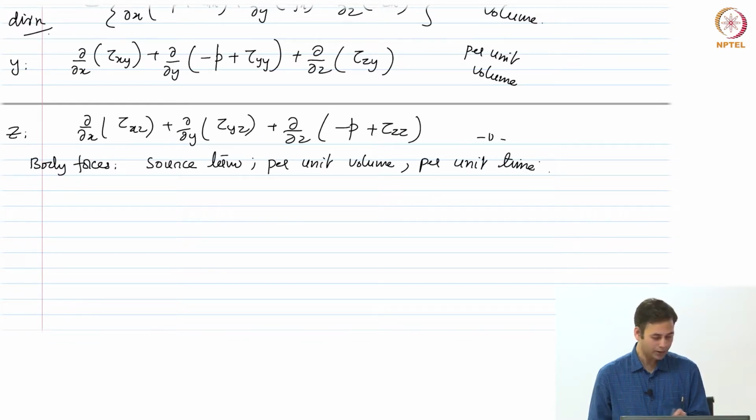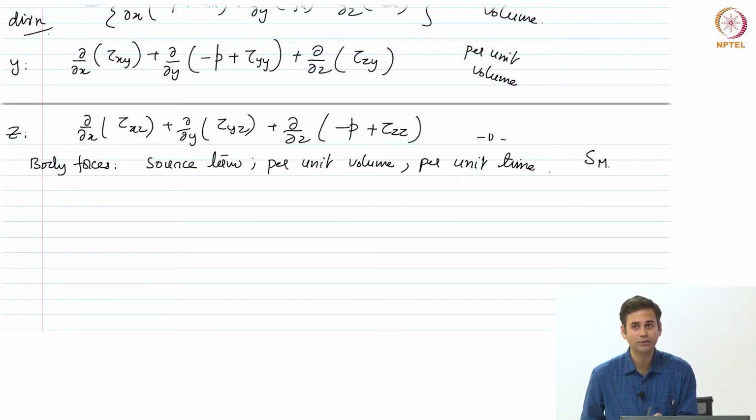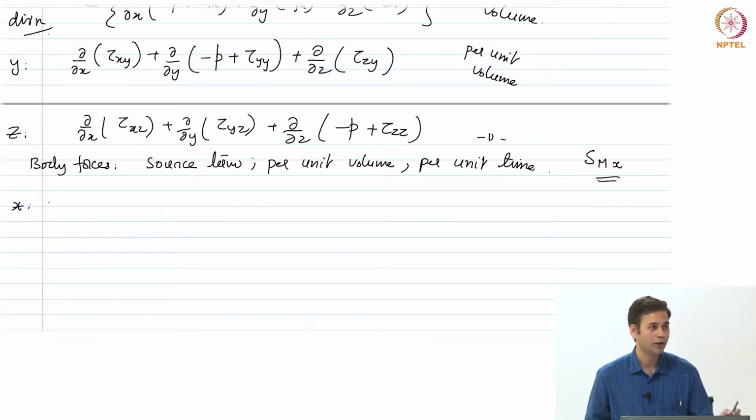So, if I represent a source term with some s, and if I write s sub m for the source in the momentum equation, and we would use different subscripts x, y, z to represent the source of the momentum equation in the x, y, z directions, then it is per unit volume, per unit time. Now, I can collate all of these things and write the final momentum equation in the x direction. Now, we are writing it for a fluid element, okay. So, what will be the rate of change of momentum for a fluid element that we have already derived?